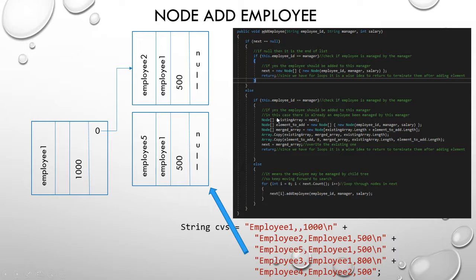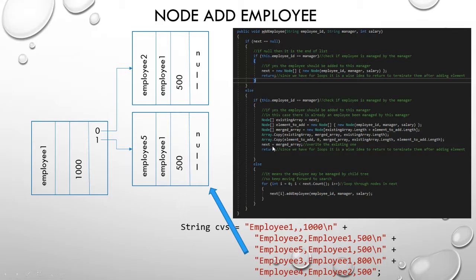That's why we have the existing array, which is equal to next, and then we are going to merge it with the newly created array which will have this node, as you can see over here. Then merge them, and the merged array again is equal to next. So the merged array, which will contain this and this, is now equal to the next. The next is this whole block. It is going to look like this: 0 and 1.